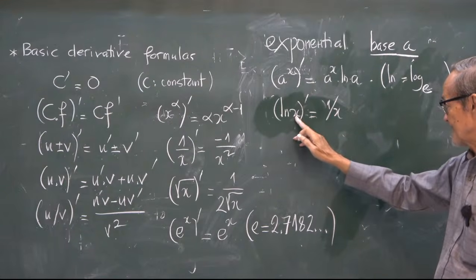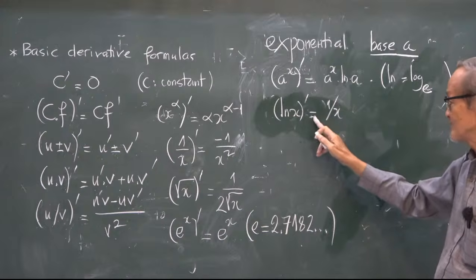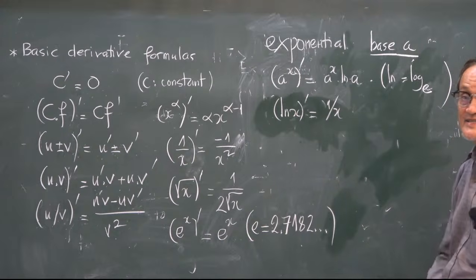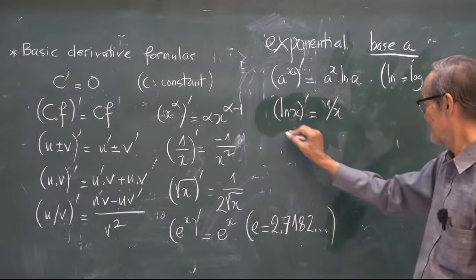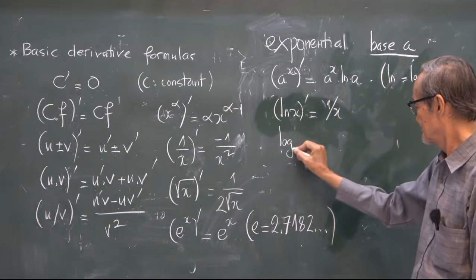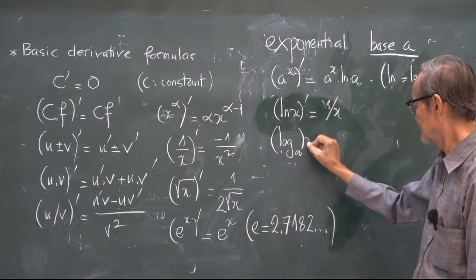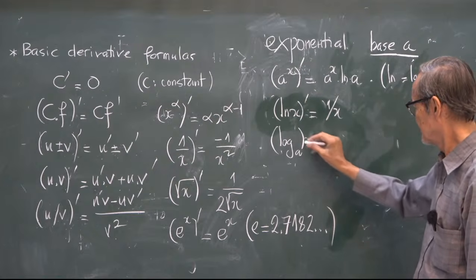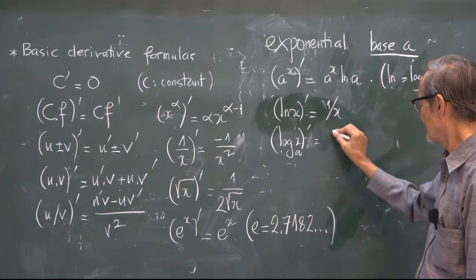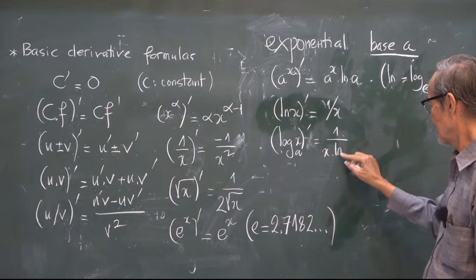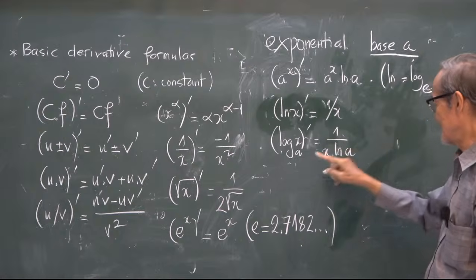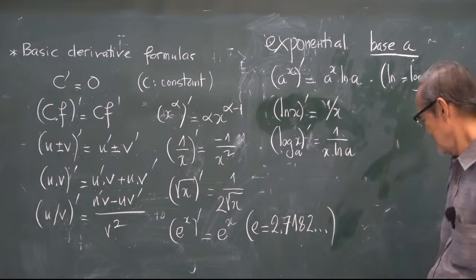The derivative of natural log of x equals 1 over x, log to the base e. One over x times natural log of a, of the base. Okay.